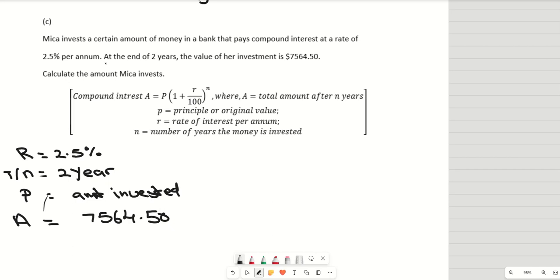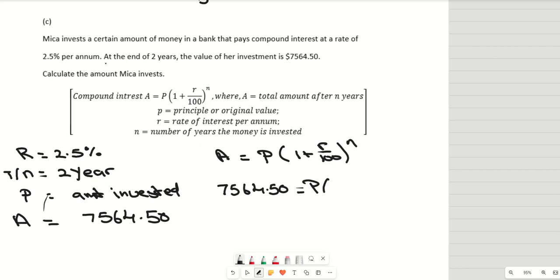So for your amount, we just put in that A is equal to P open bracket 1 plus r over 100 to the power of n. So that's 7564.50 is equal to P. We don't know what P is. Open bracket 1 plus 2.5 over 100 close bracket to the power of 2.